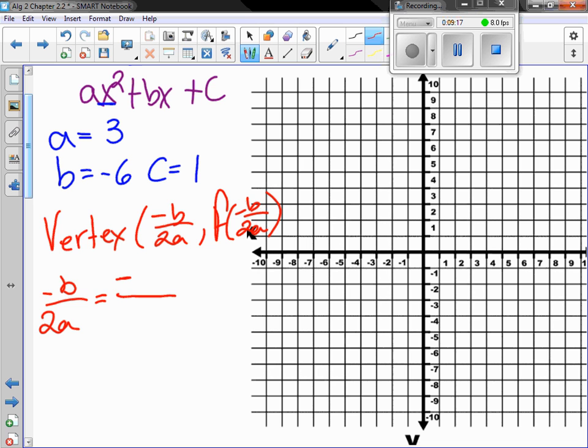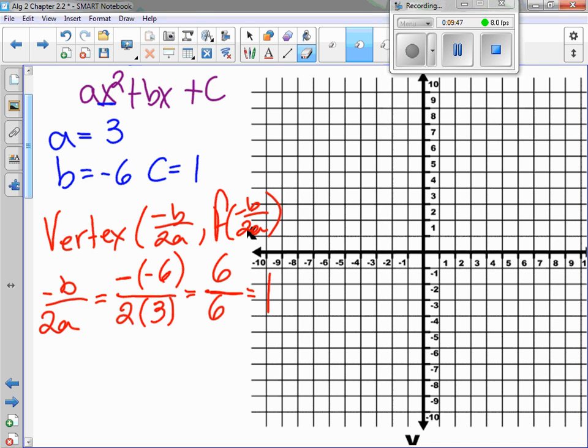Negative 6 over 2 times 3. I just plugged in for the values of A and B. We just plug them into that formula. So negative 6 over 2 times 3 is? That equals 1. So for our vertex, negative B over 2A was 1.